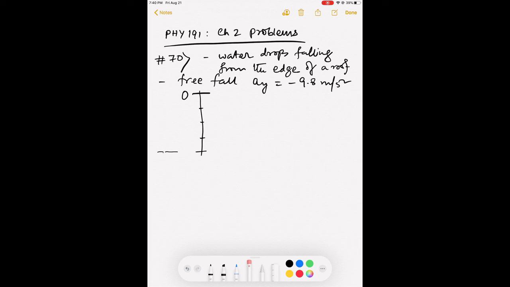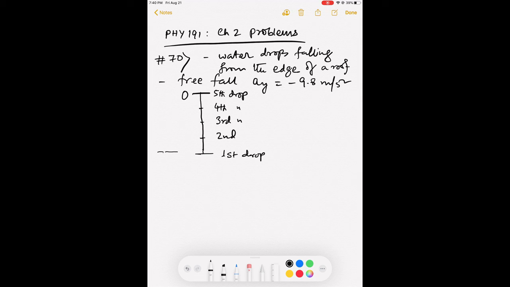They're all equally spaced. So this is the 5th drop, this is the 4th, this is the 3rd, this is the 2nd, and if I extend this a little bit, this is our first drop of water that came down.